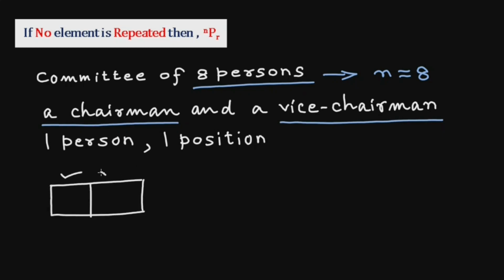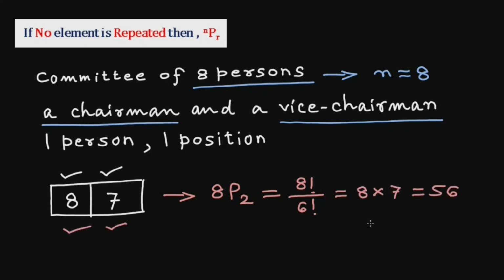The first place can be filled in 8 different ways, and the second in 8 minus 1, that is 7 different ways, because no 2 persons can hold the same position. This in short will be 8P2, that will be 8 factorial upon 8 minus 2, 6 factorial, which again will be the same as the product of 8 and 7, 56. So in 56 different ways, from a committee of 8 persons, a chairman and a vice chairman can be chosen.